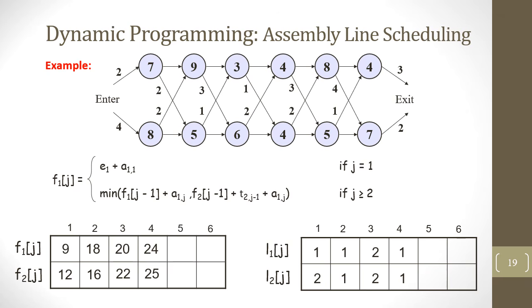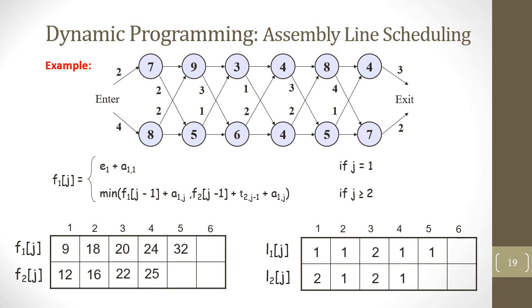On station 5, if we want to compute the fastest time, it's going to be 24 plus 8, which is 32. And from this station, it's going to be 25 plus 2 is 27 plus 8 is 35. So the fastest time is 32 from line 1.